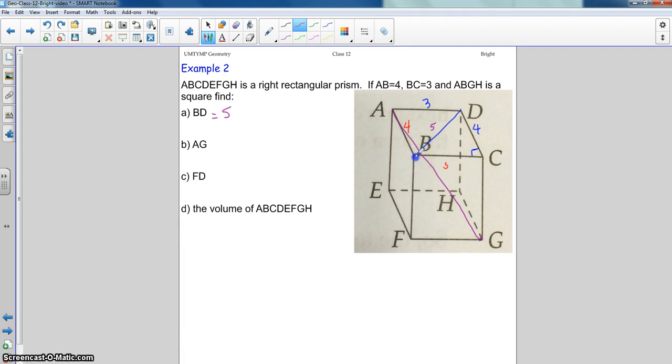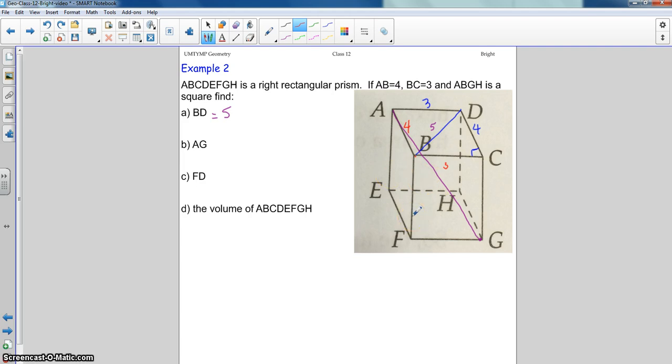So there's two approaches. One, I can use the formula for the space diagonal of a right prism. To do that, I would need to know what side length CG is, or similarly any of the other sides, so I know the height.